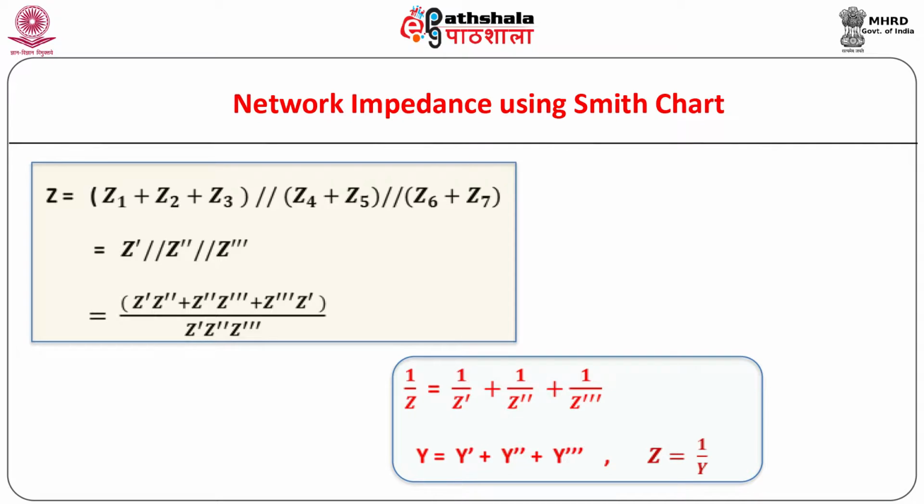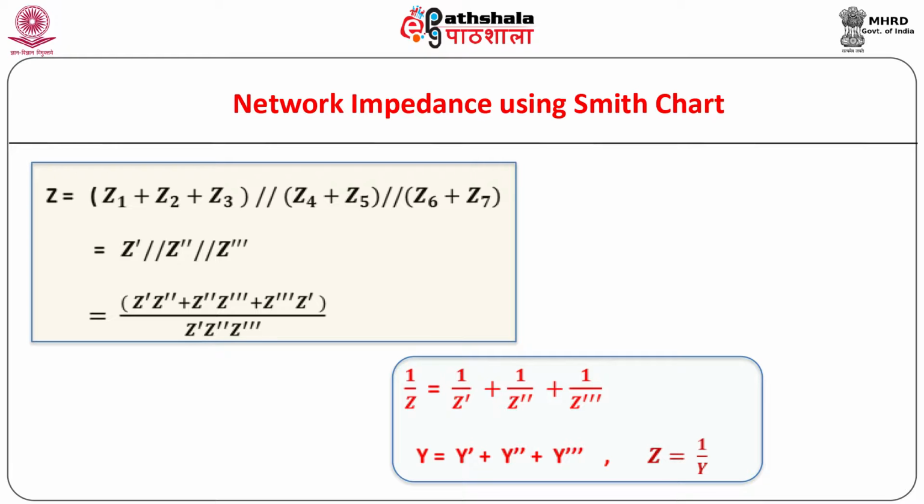As an example, suppose we want to find the net impedance Z of a network given by Z is equal to Z1 plus Z2 plus Z3 in parallel with Z4 plus Z5, and that too in parallel with Z6 plus Z7. It is easy to calculate and plot the effective impedances Z', Z'' and Z''' of the series combinations of the respective impedances on the Smith chart.